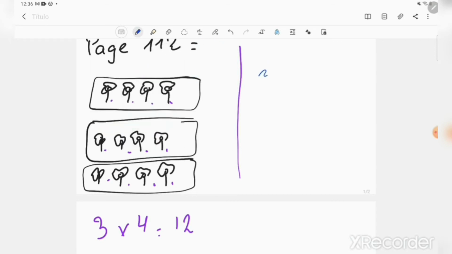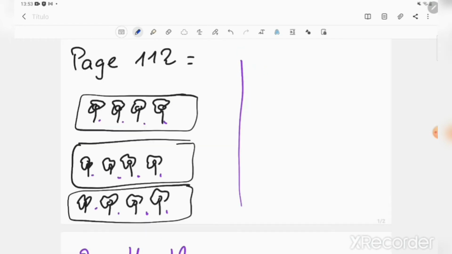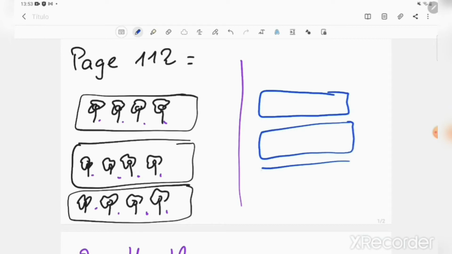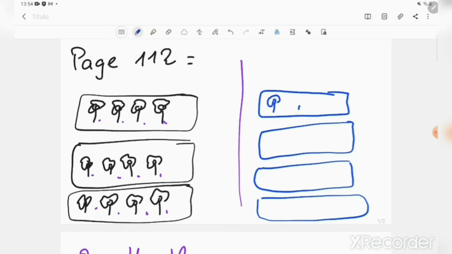Let's imagine that there are 4 rows like this. 1, 2, 3, and 4, and inside of each row there are 1, 2, and 3 plants.